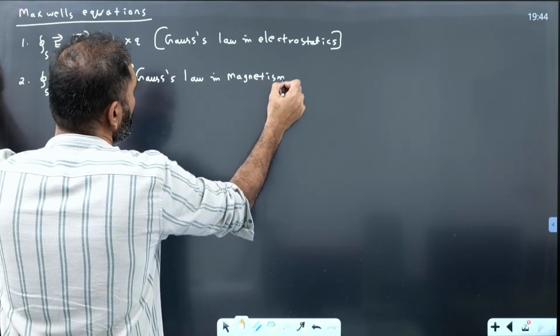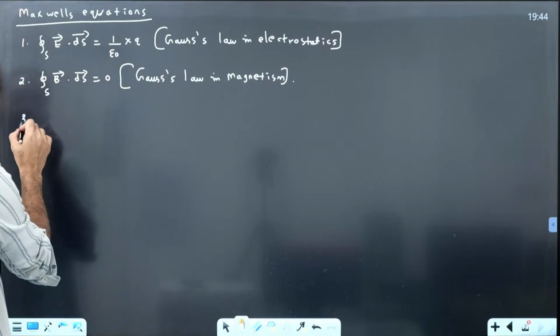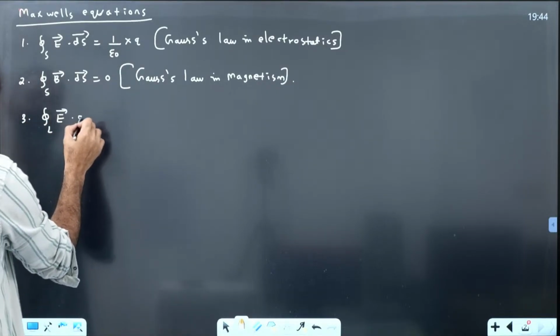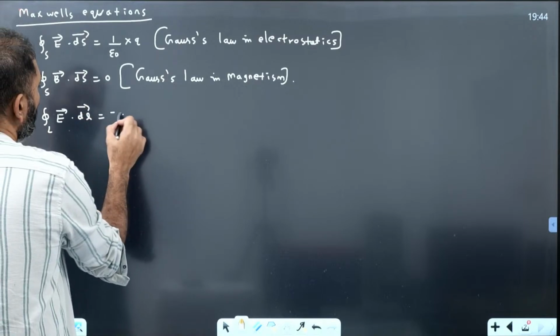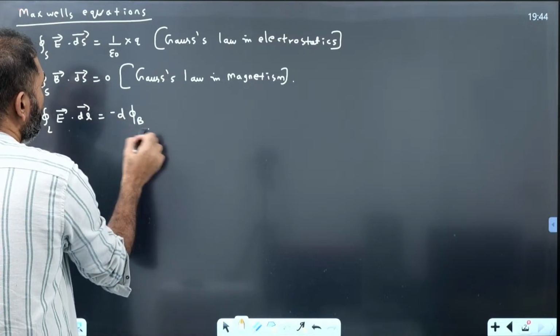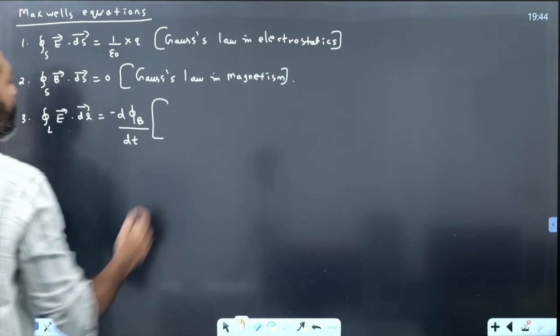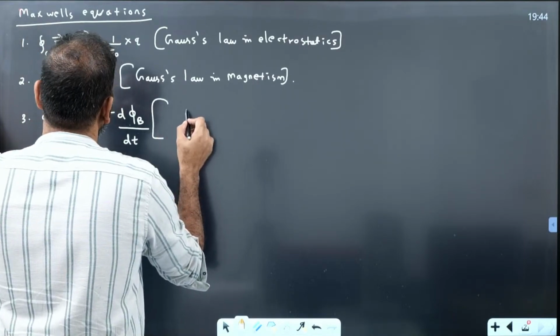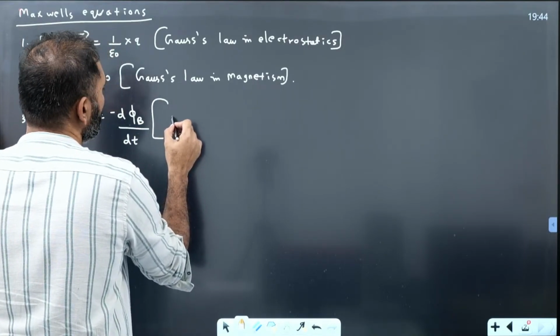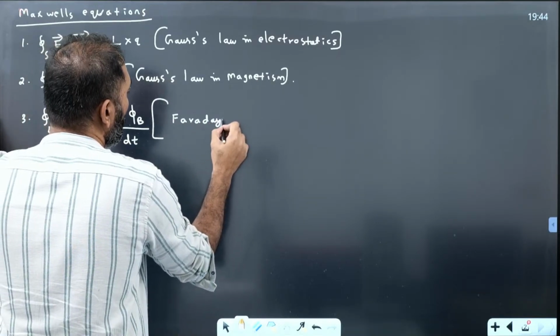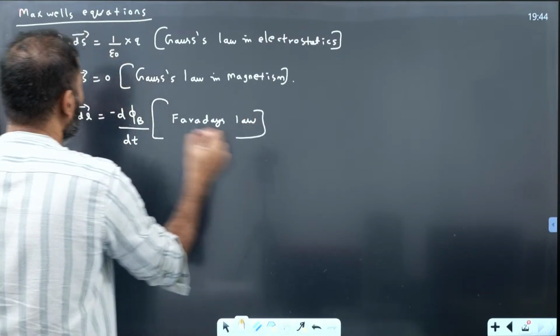Next, third Maxwell equation. Integral over L E vector dot dl vector is equal to minus d phi b by dt. That is third Maxwell equation. What is this? Faraday's law. Faraday's law, minus sign what law?